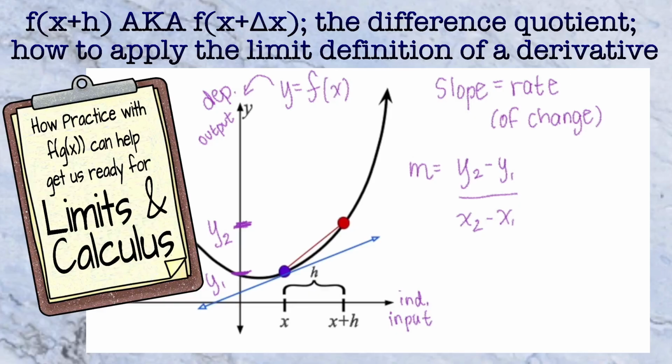And maybe we call, for now, this x sub 1 and this guy x sub 2. Sub as in subscript, right? That would make the ordered pair or coordinate point of that point right there, x sub 1 comma y sub 1. And that would make the ordered pair or coordinate point of this one, x sub 2 comma y sub 2.